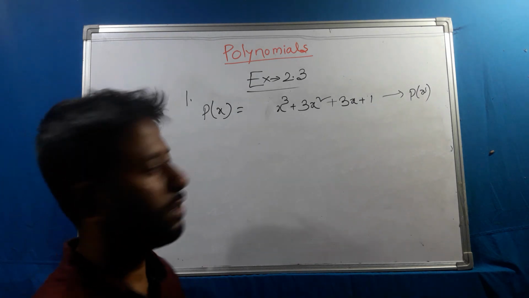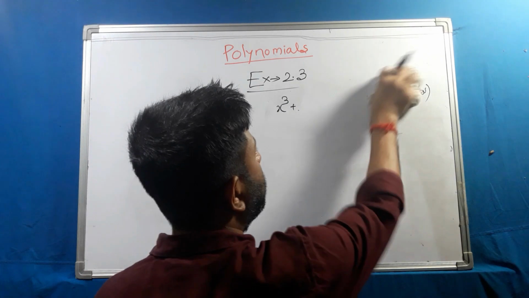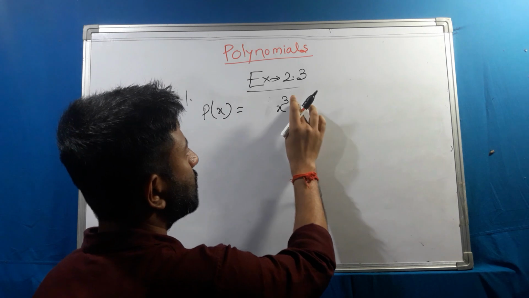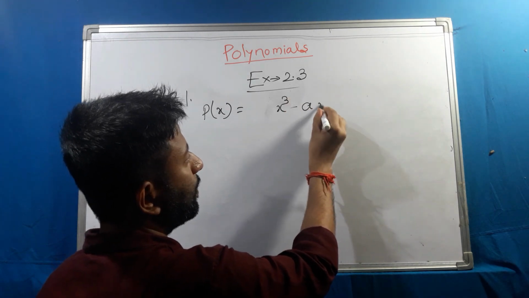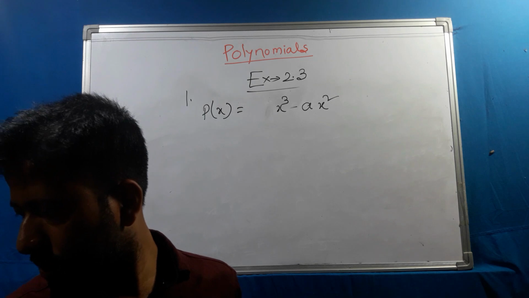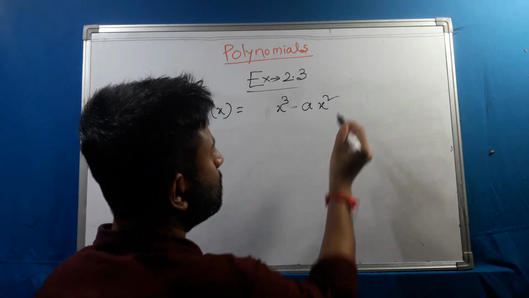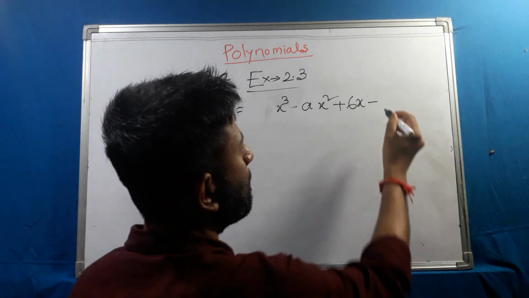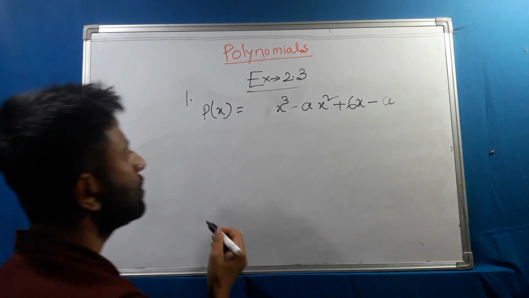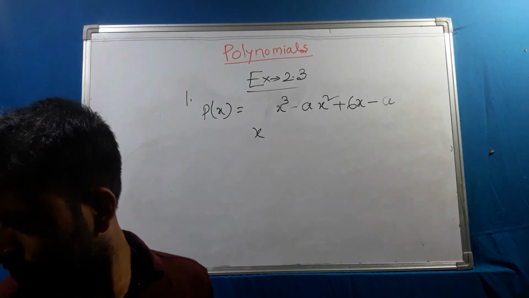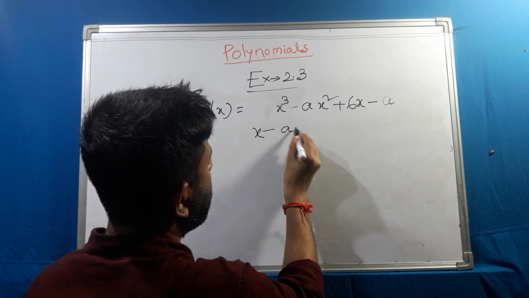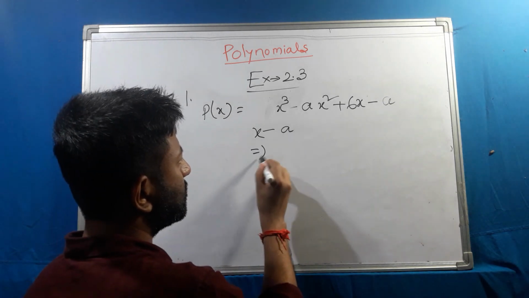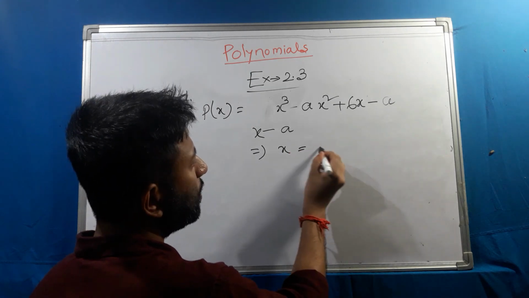They have changed the equation: x cubed minus x squared plus 6x minus a, and I have to divide this by x minus a. That means x equal to a.